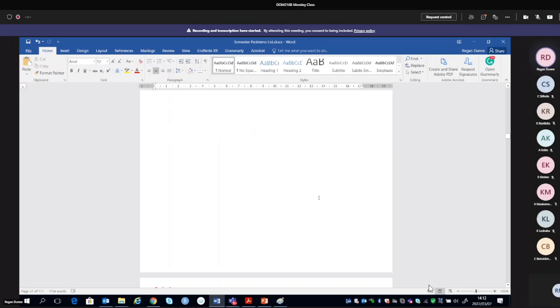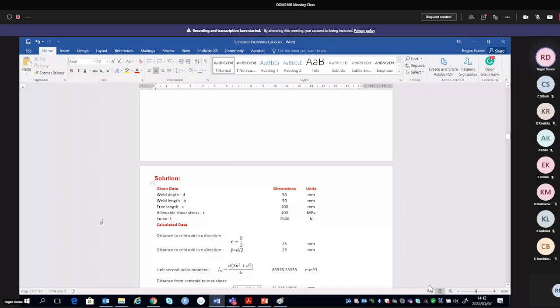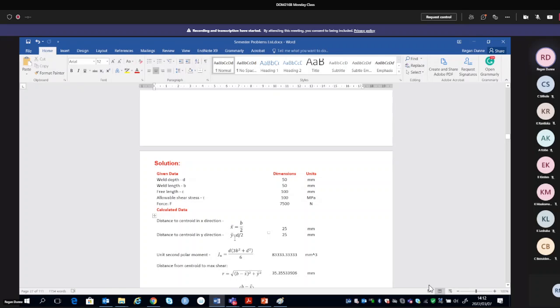Okay, so we can calculate the center of gravity, or the centroids, x bar and y bar, which is just b over 2 and d over 2, 25, 25. We can calculate the unit polar moment of area, which gives me 83,333 millimeters cubed.